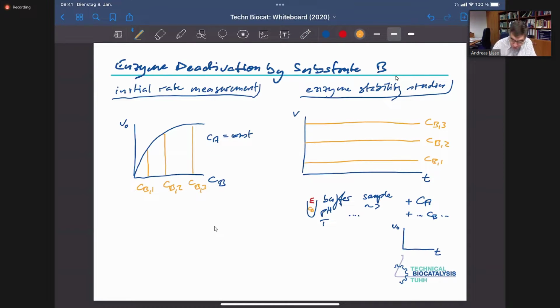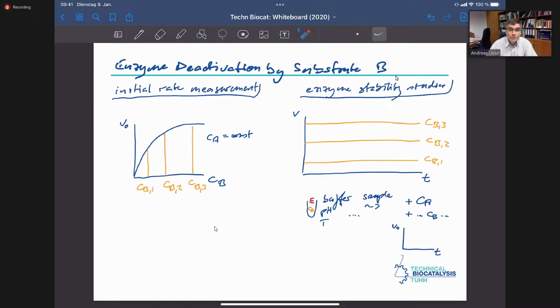What is important to know here is that we do have different starting points here, resulting in the different concentrations that we had set here. And therefore, it has to be different starting points.